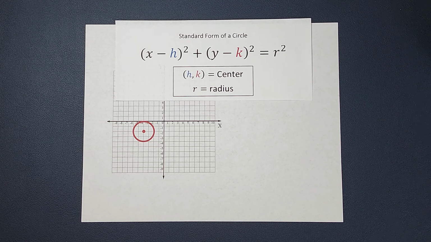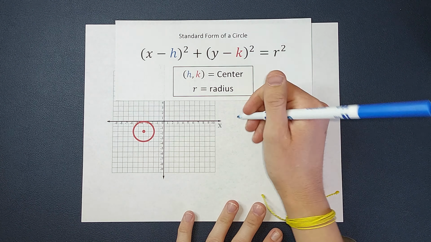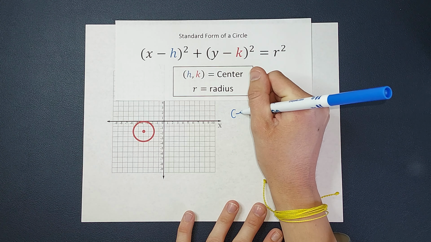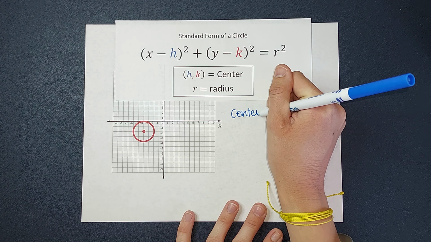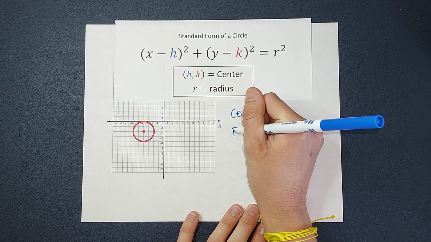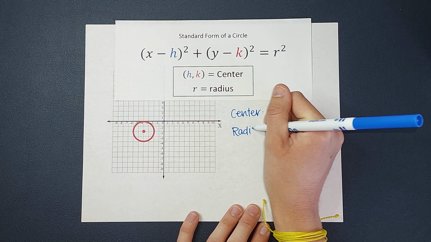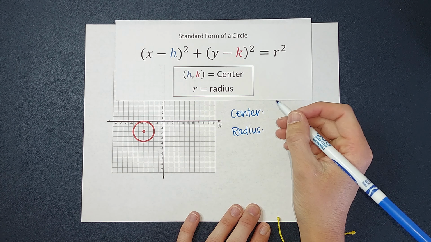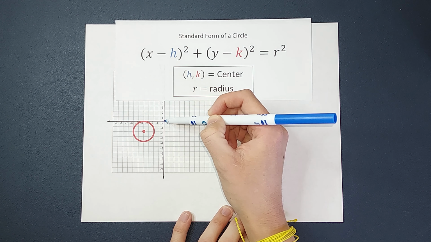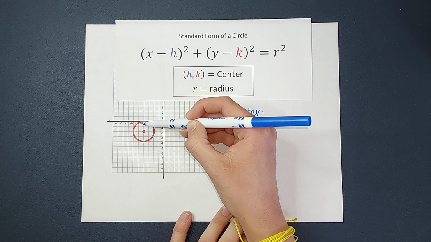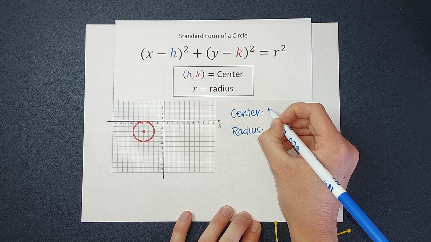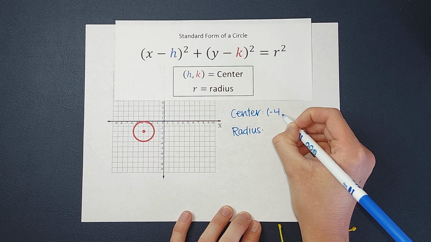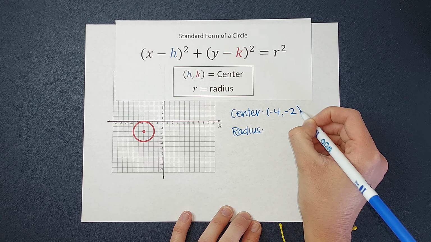To do that, I need to know my center and the radius. The center is pretty easy to see. It is labeled right there. It's an ordered pair, so when I count that out, I get (-4, -2). That is the ordered pair for the center of this circle.